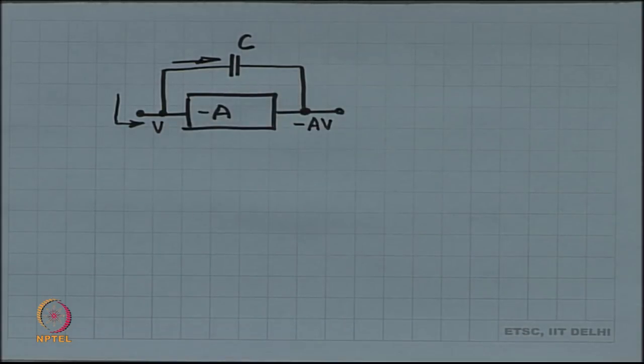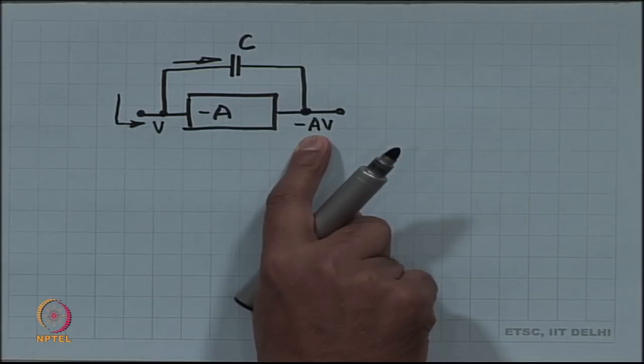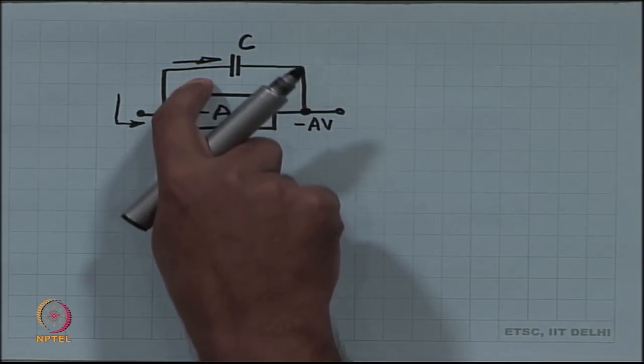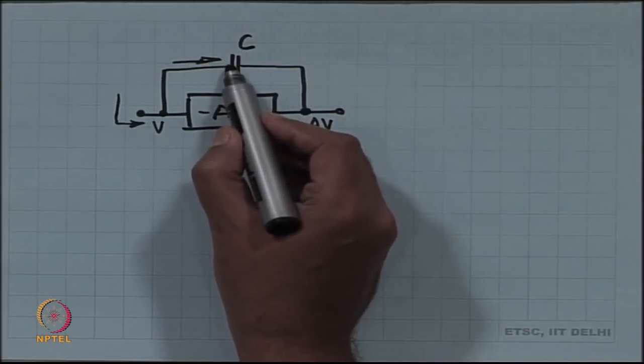What is the current that the capacitor takes? It has V on one side, minus AV on the other side. So, the potential difference is V plus AV, or in other words 1 plus A times V times SC.